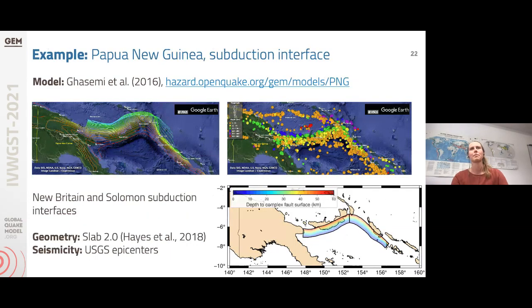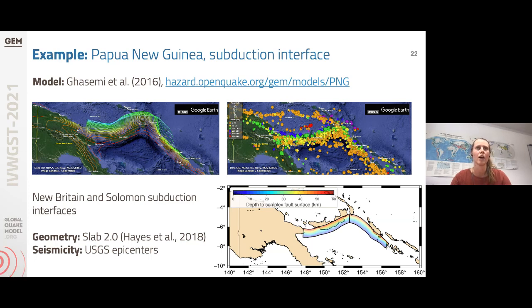A couple of examples of fault sources in PSHA models. This is from the model covering Papua New Guinea that's kept in the mosaic, showing the subduction interface sources that are used for the New Britain and Solomon subduction interfaces.